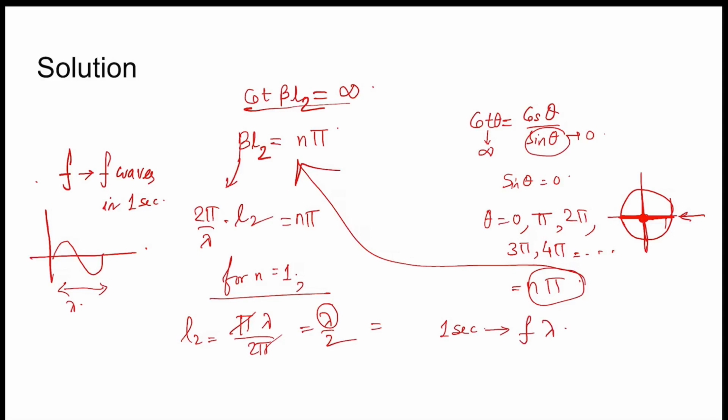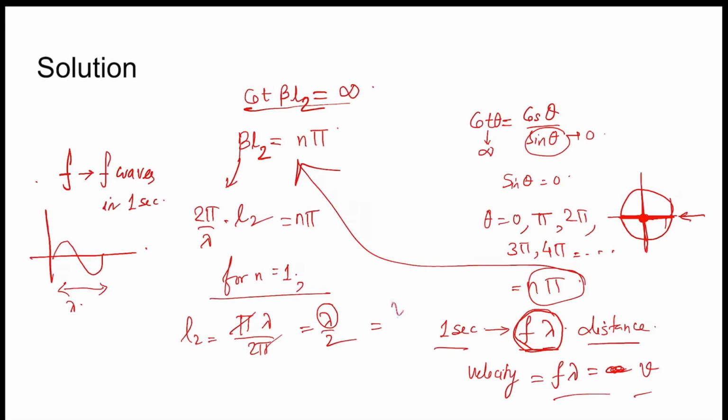So in 1 second f waves means f lambda distance, because f is the frequency, so in 1 second f number of waves will pass, and one wave means lambda distance. This distance the wave covers in 1 second is nothing but the wave speed v. The wave speed is f lambda. So lambda equal to v by f, and L2 is v by 2f.